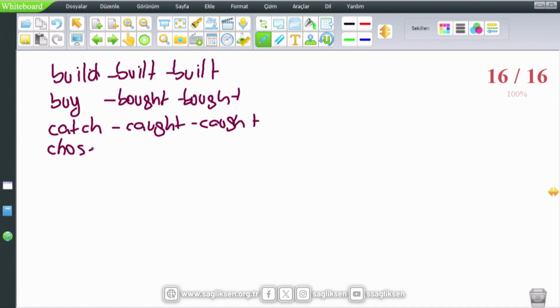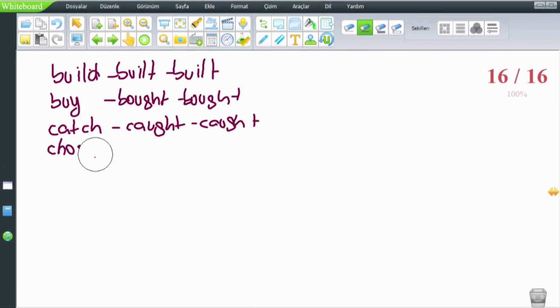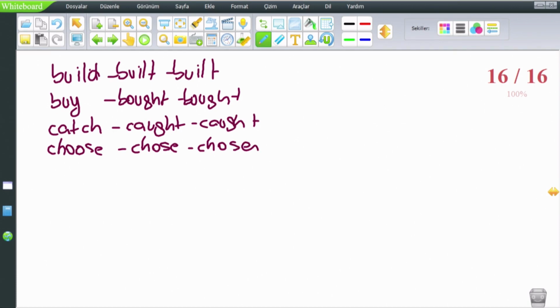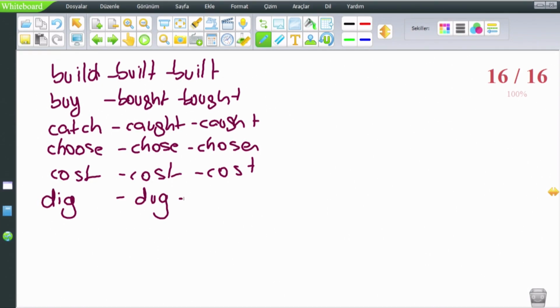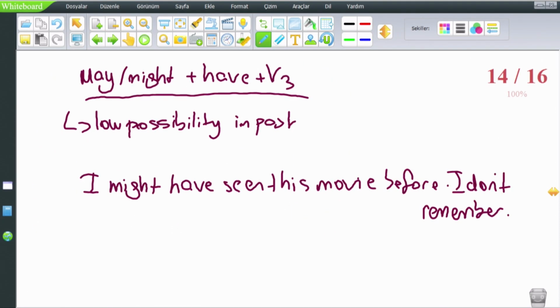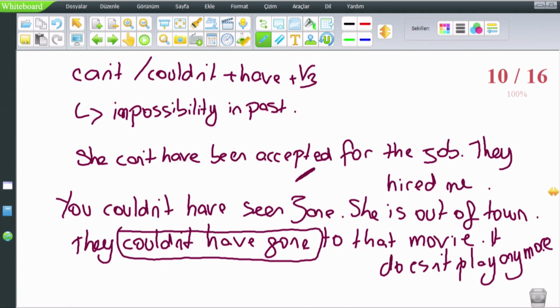Choose, chose, chosen. We have cost, dig. These are pretty important for you to memorize because it will be very important in every grammar structure that we have.